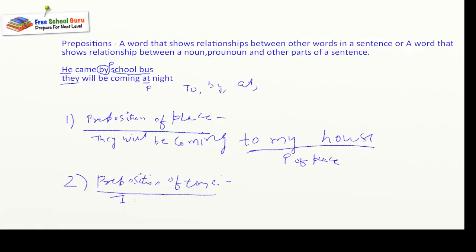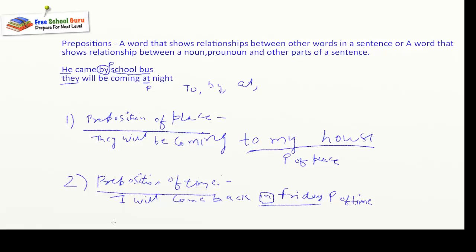I will come back on Friday. On is a preposition, and on Friday becomes a preposition of time. Is that clear? So let's take another example.